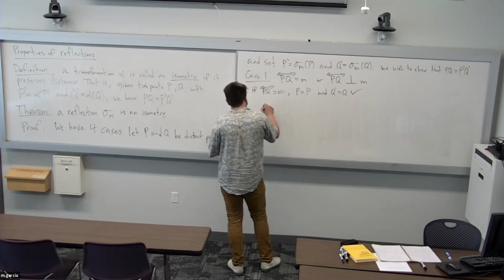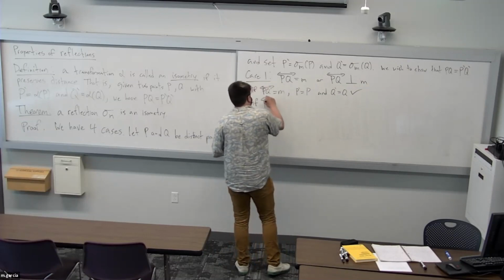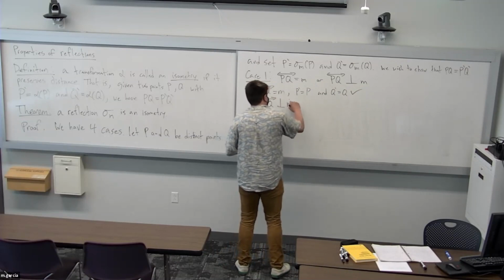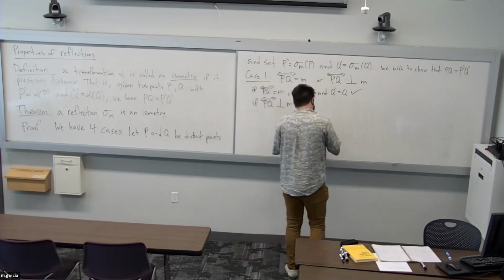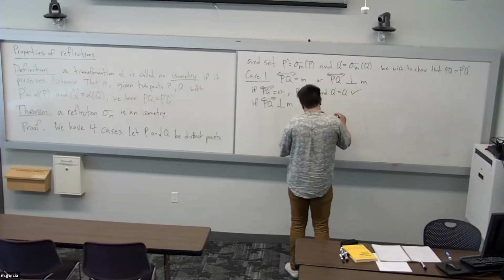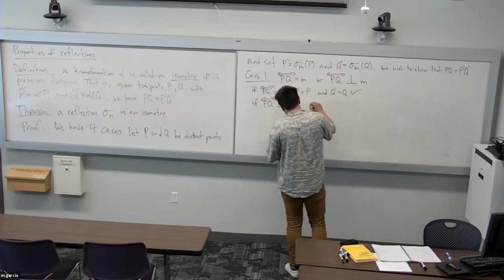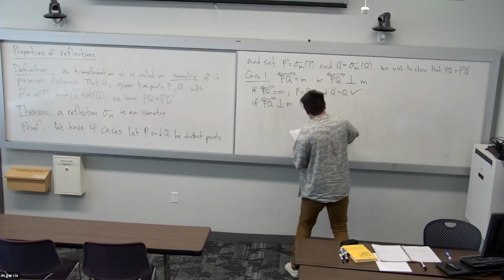So, if PQ is perpendicular to M, well, then, of course, let me draw this out. I think that's the easiest way to do this.